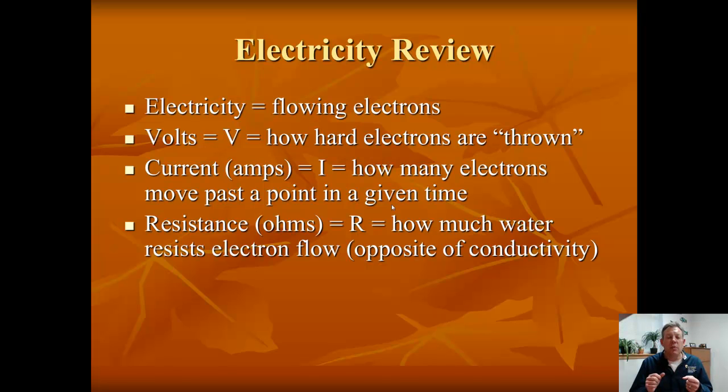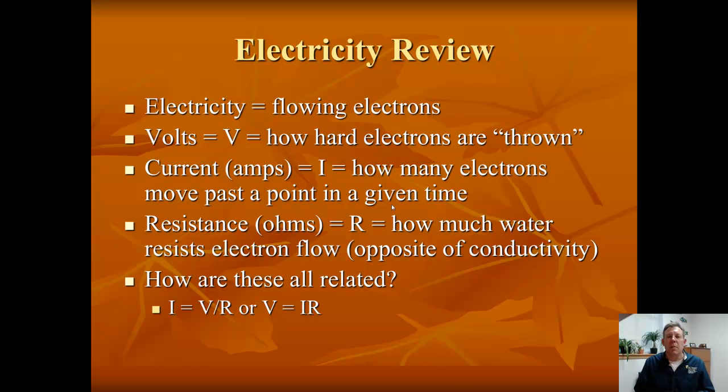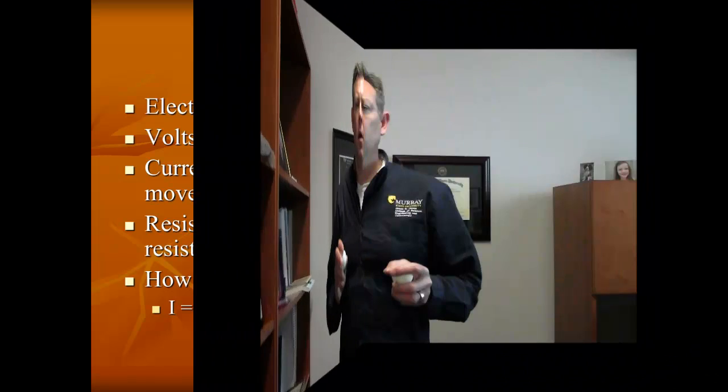And so if conductivity is how well the water carries an electric current, resistance is how well it resists an electron flow. These are related by Ohm's law, which is I equals V over R, or you rearrange it, V equals IR. So the voltage and the current are related to the resistance in this way.